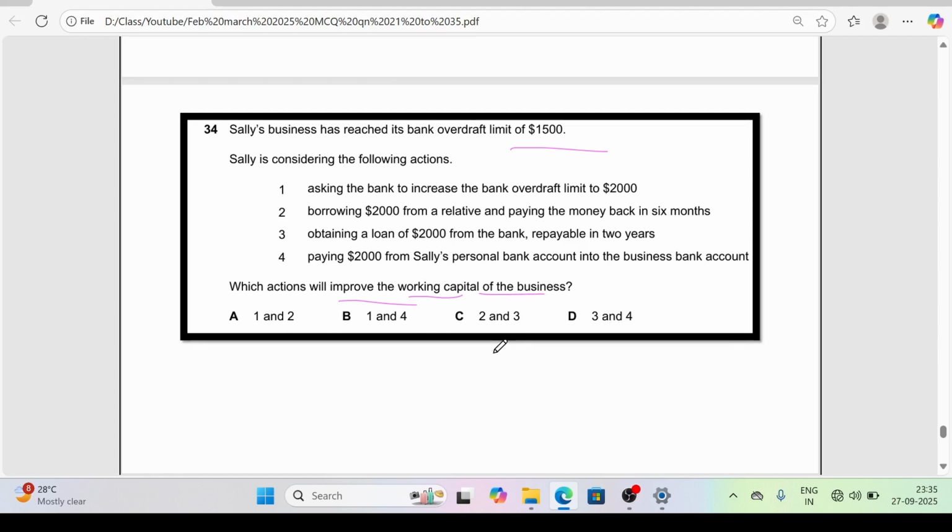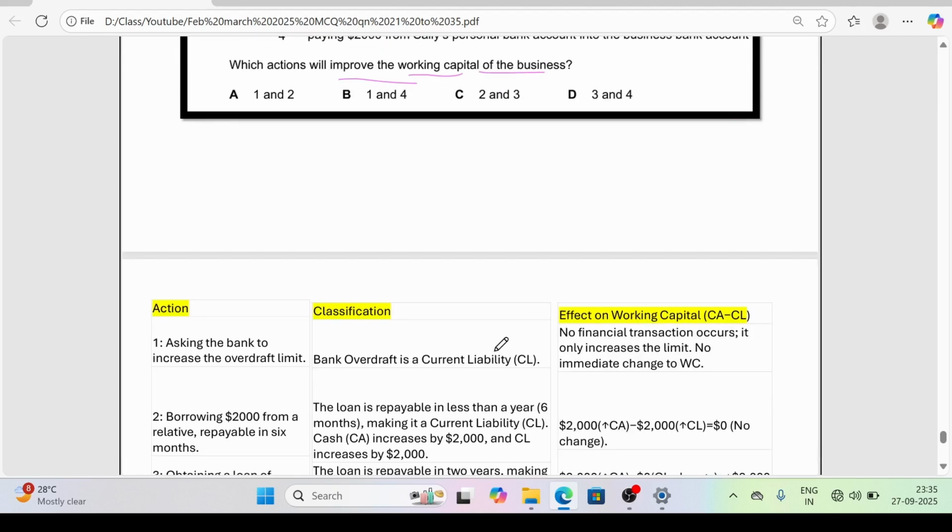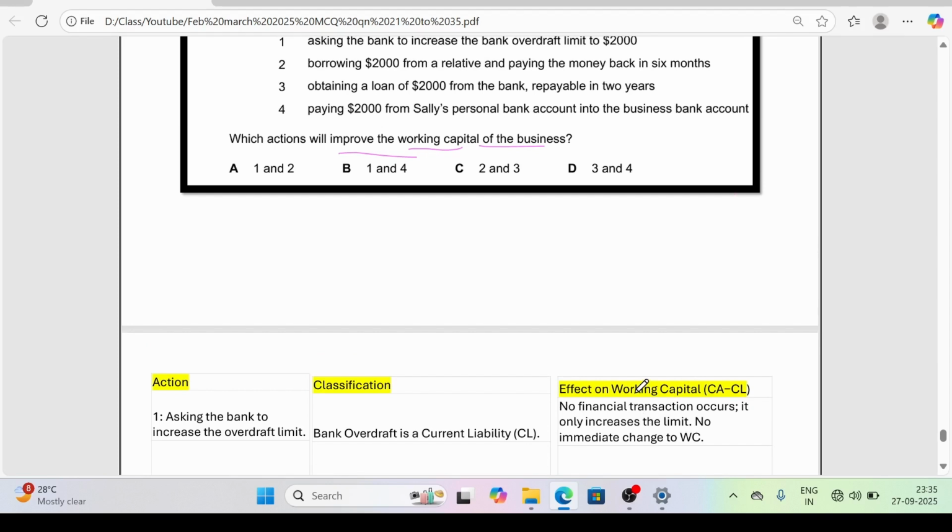Okay, let's analyze this question. Asking the bank to increase the overdraft limit: the overdraft is classified as a current liability. What is the effect? No financial transaction occurs. It only increases the limit. No immediate change in the working capital.